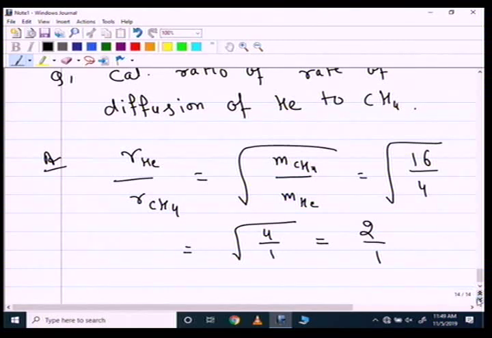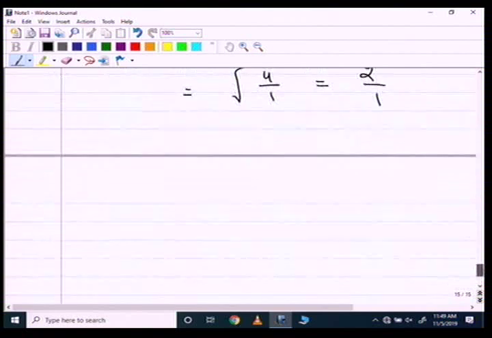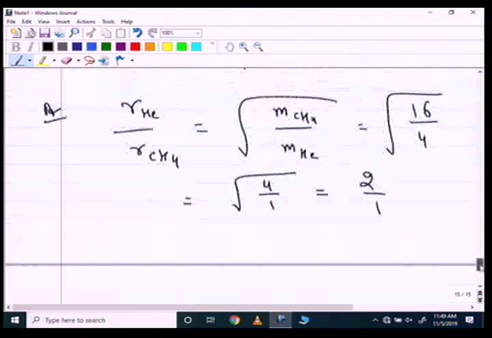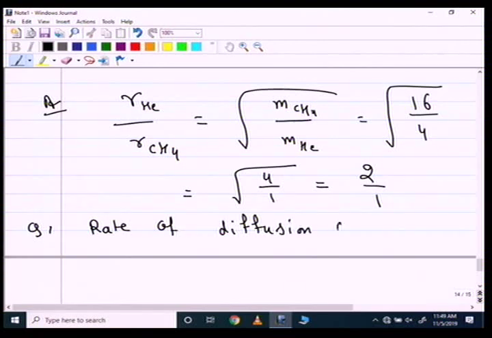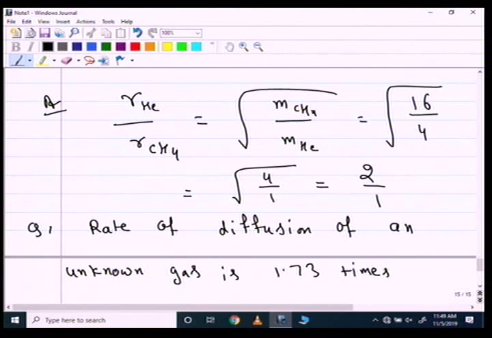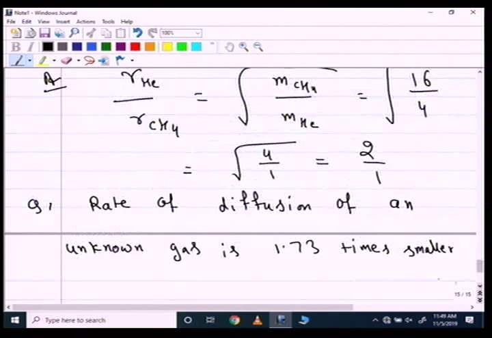Now let's check out the next question. Do this question. Rate of diffusion of an unknown gas is 1.73 times smaller than oxygen.